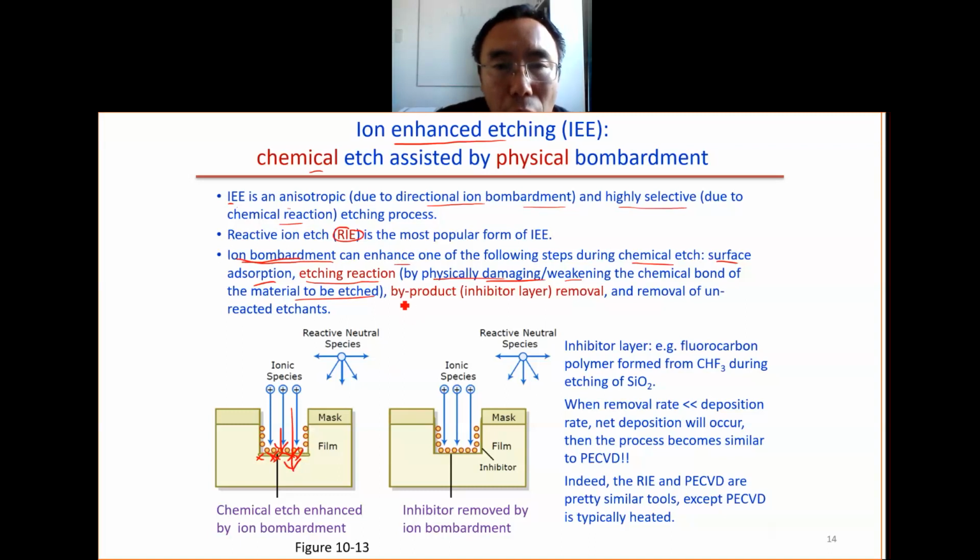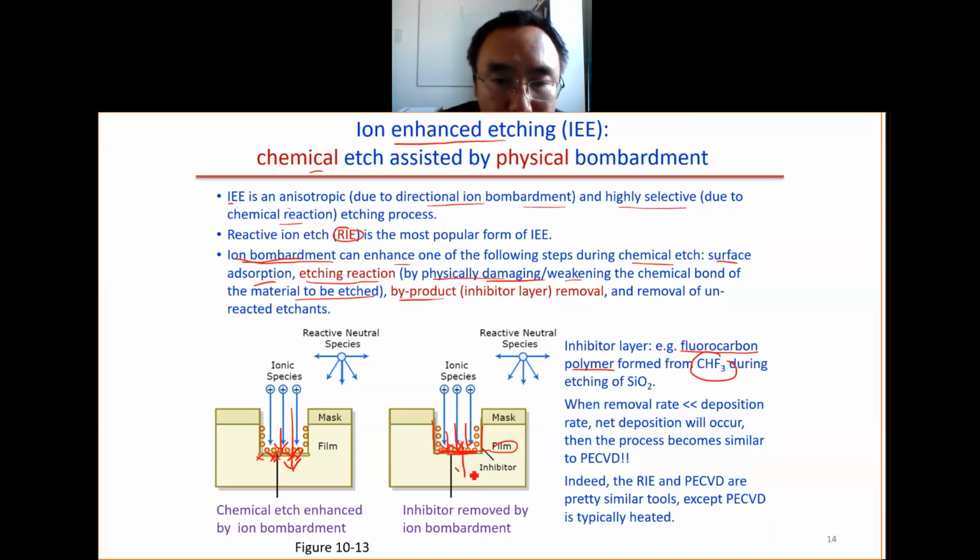The third is the byproduct removal. So in the case when we use a gas like CHF3, there will be fluorocarbon polymer. So this is the film. We have the fluorocarbon polymer film formed on the top and also formed on the bottom. But the fluorocarbon polymer on the bottom will be bombarded away.